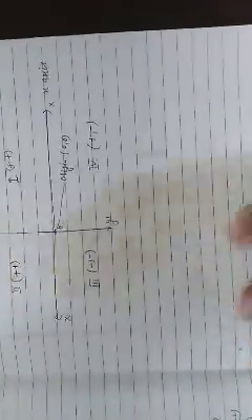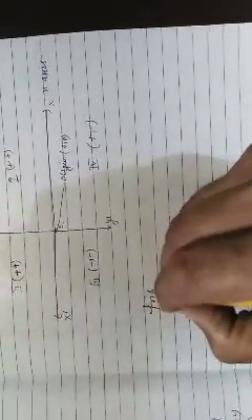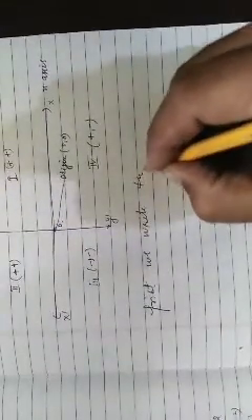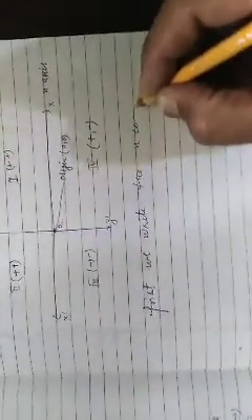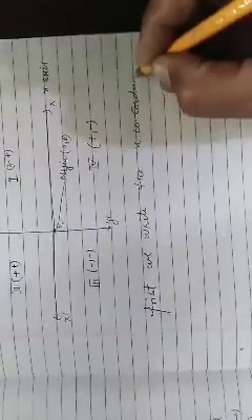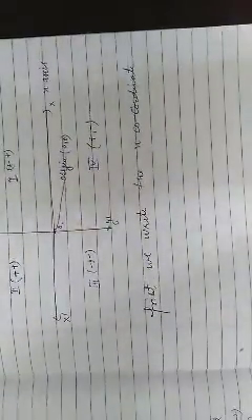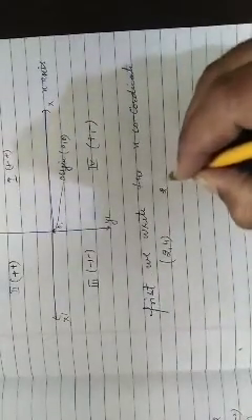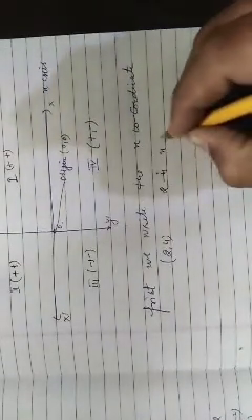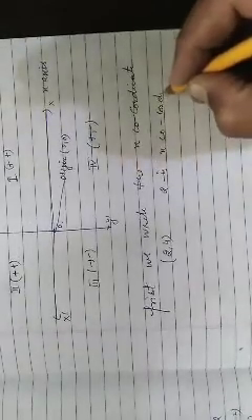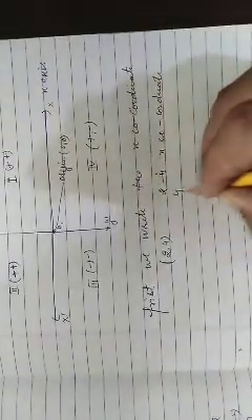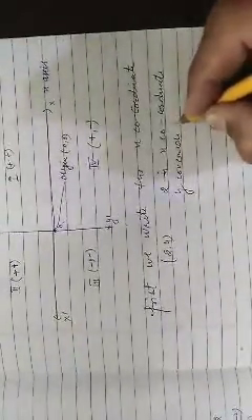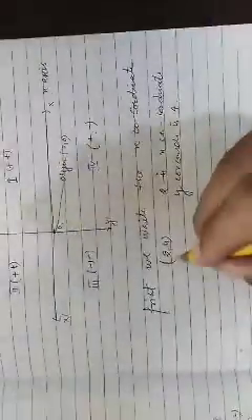First, we write the x coordinate. As we write (2, 4), 2 is the x coordinate and the y coordinate is 4.